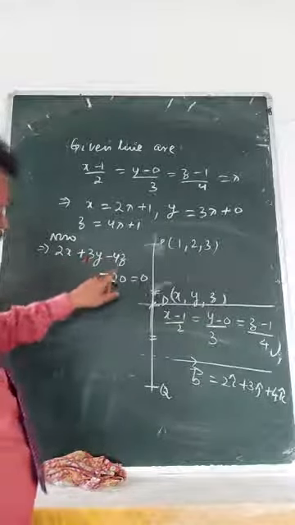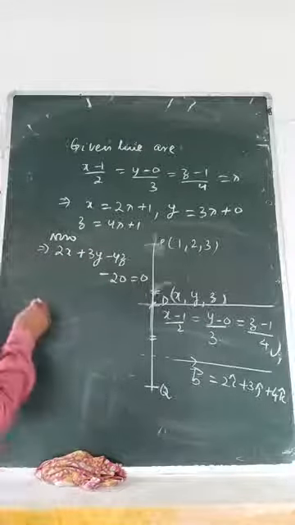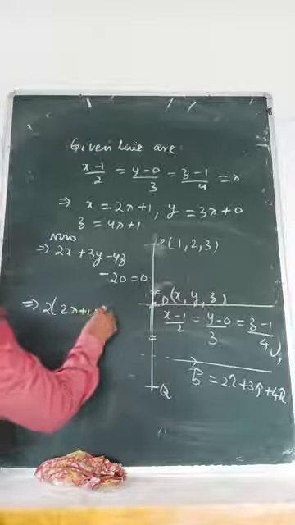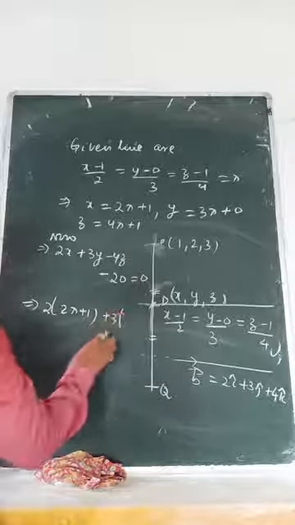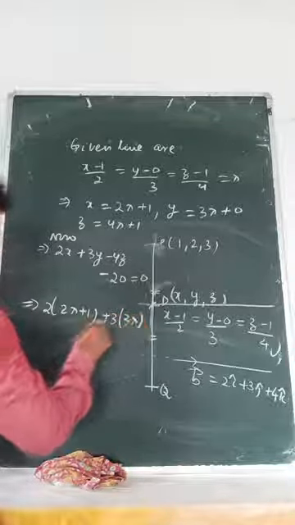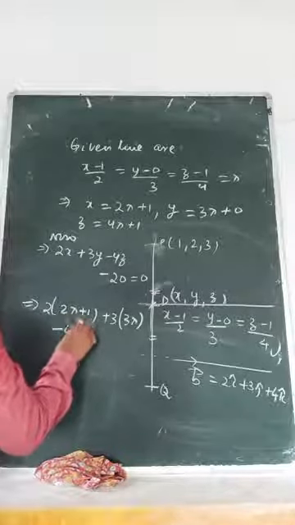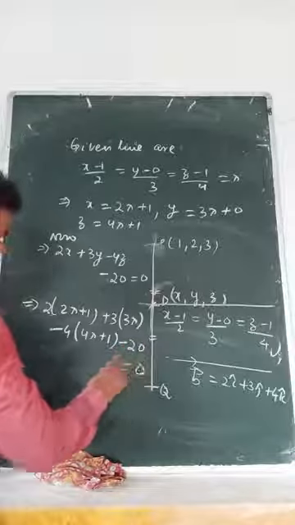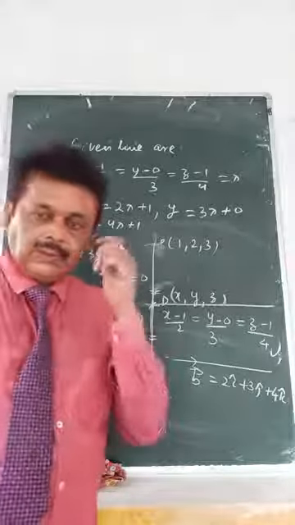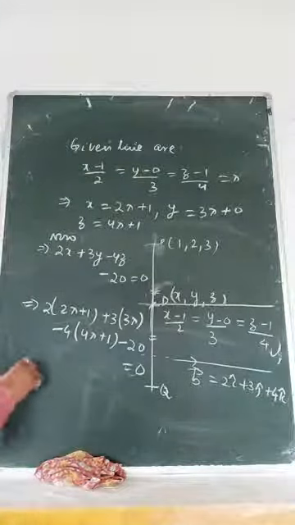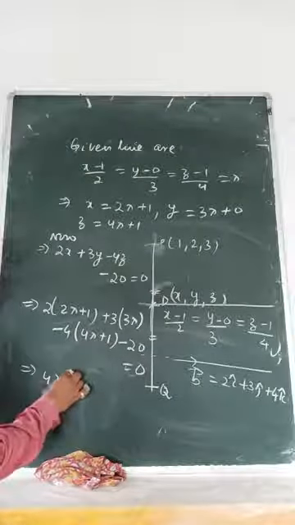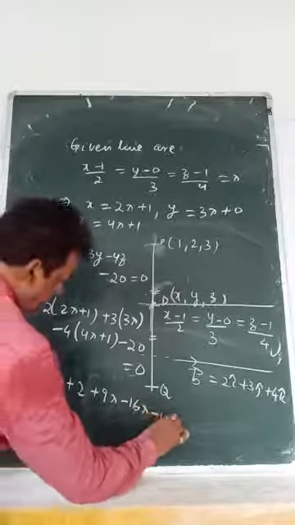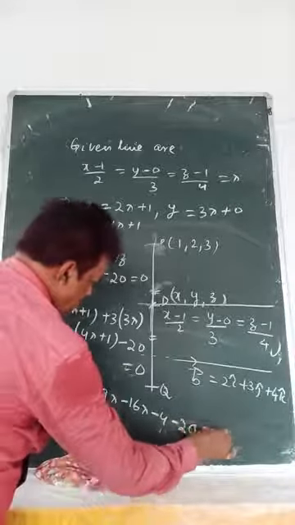So now 2x plus 3y minus 4z minus 20 equals 0 implies 2 into (2 lambda plus 1), 3 into 3 lambda, minus 4 into (4 lambda plus 1), minus 20 equals 0. That gives you 4 lambda plus 2, 9 lambda, minus 16 lambda, minus 4, minus 20 equals 0.